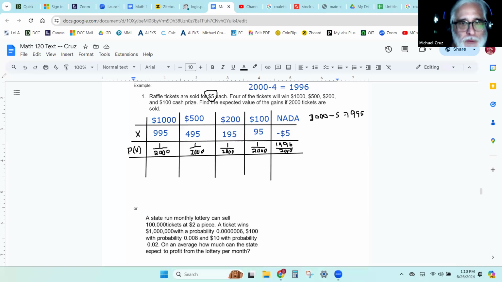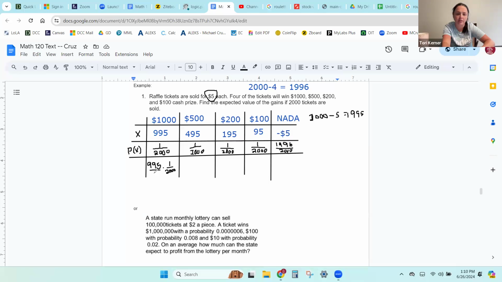All right. So then right here for our expected value, this is just an intermediate step. We're going to multiply the 995 times the 1 over 2,000.